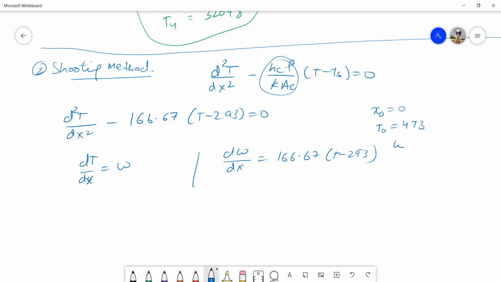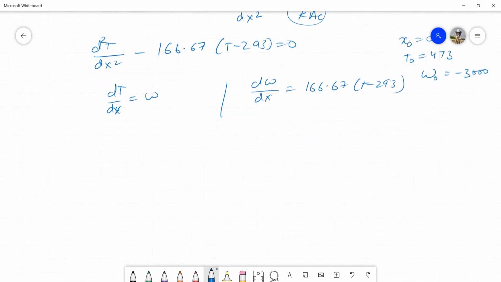So our first guess of w naught, let's take a first case somewhere around minus 3000. So we'll apply the RK4 method first to solve that system. So h is again taken as the same. Why are we taking h as the same?